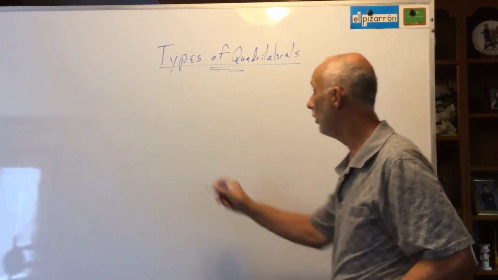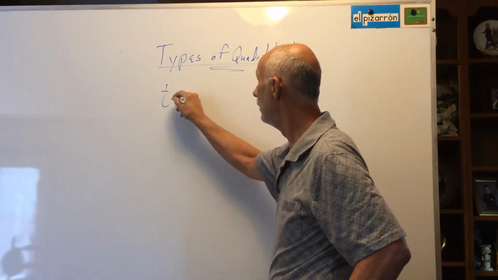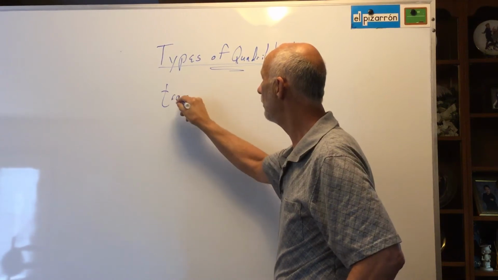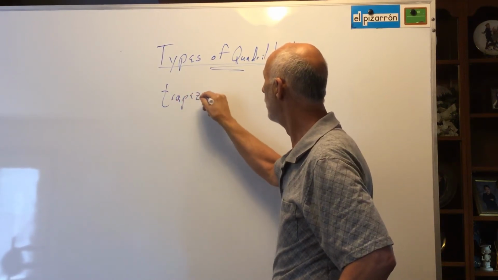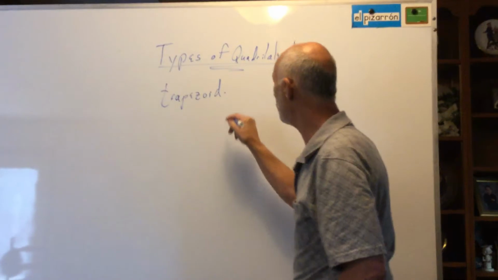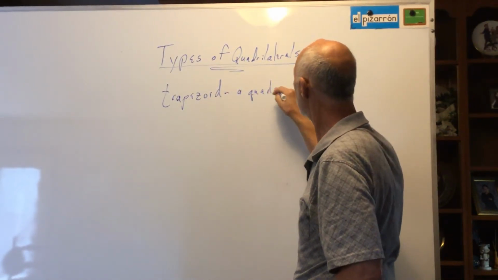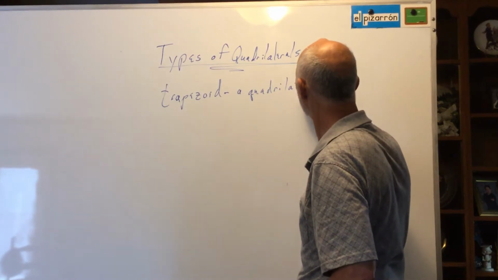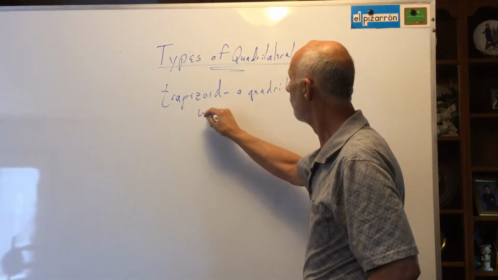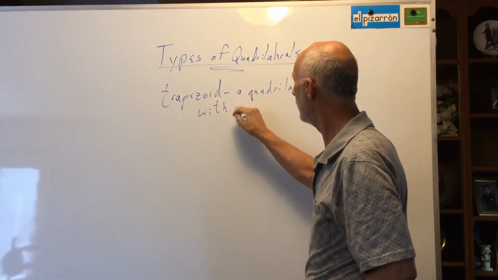The first type is called the trapezoid. And that's one you maybe never heard of before, okay? But a trapezoid is a quadrilateral with one pair of parallel lines.